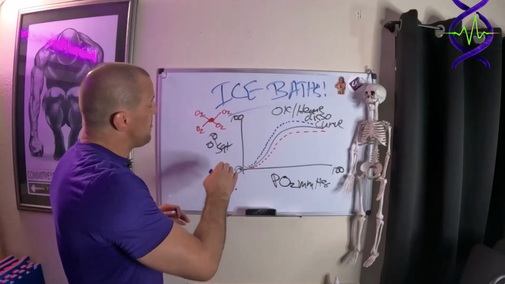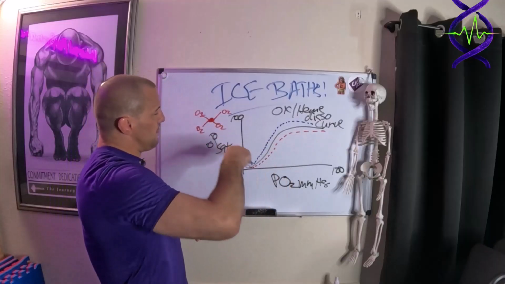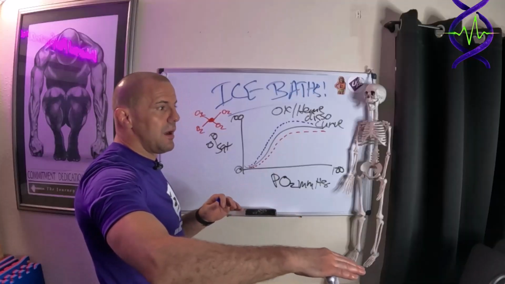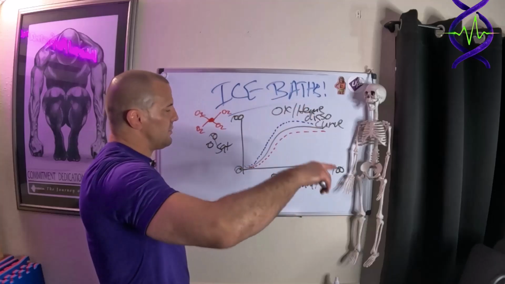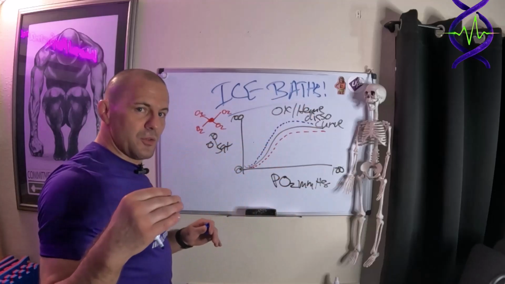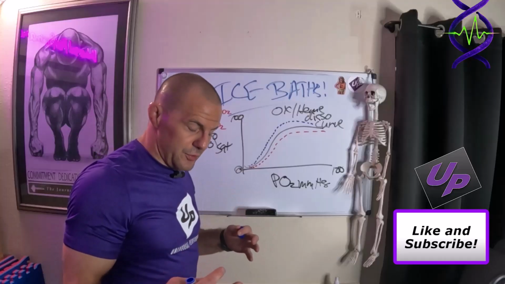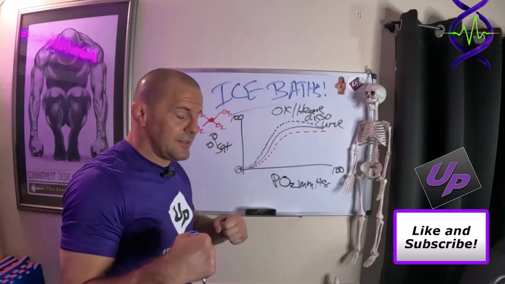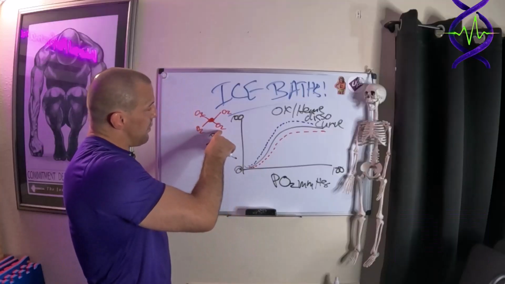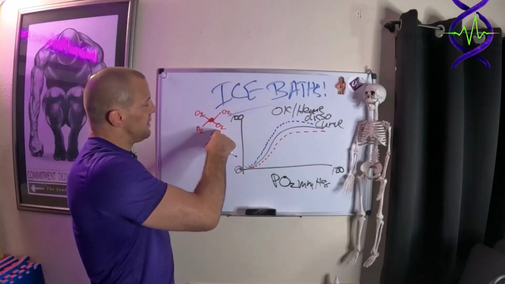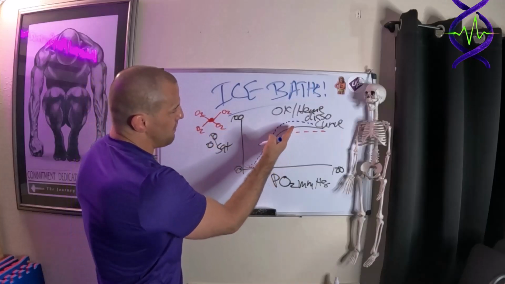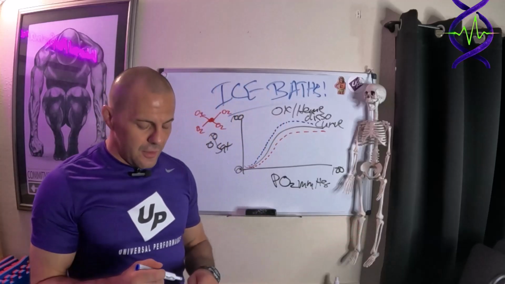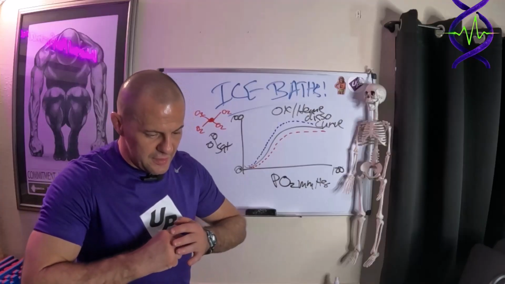So let's say in theory, if we have worked out and those red blood cells are carrying those oxygen molecules like crazy to the respiring tissues, and they're unloading that oxygen, the moment that we expose those tissues to extremely cold temperatures, the need for oxygen drops drastically, there won't be a need for the oxygen to be unloaded so much, and it brings our body back to homeostasis much faster.